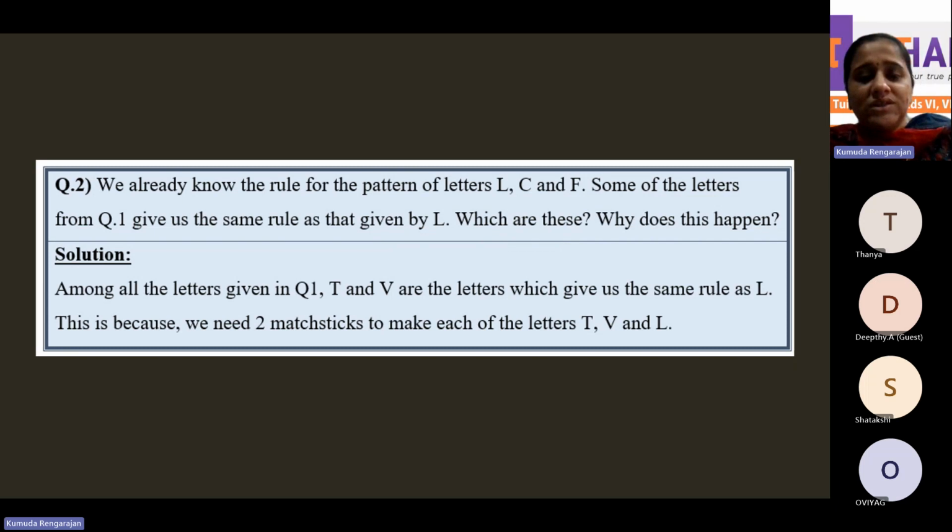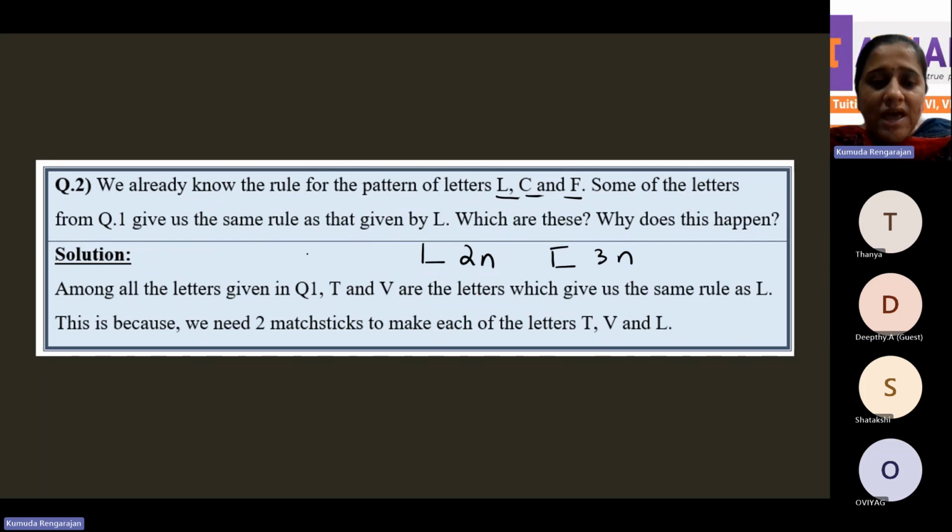I'll make you understand the question better. Now, the question says that you know the rule for making the pattern of the letters L, C, and F. What will be the rule for L? 1, 2, 2N. What will be the rule for C? 1, 2, 3, 3N.